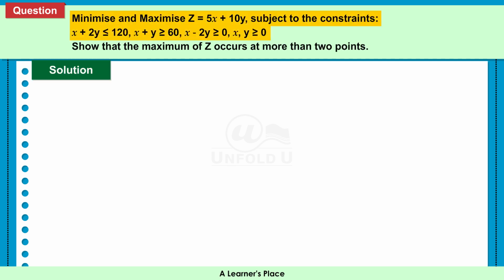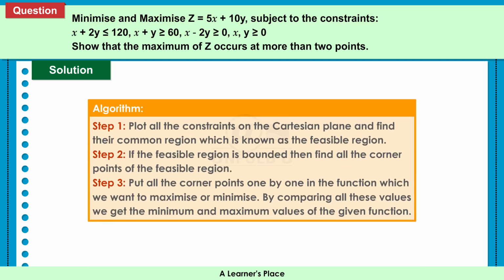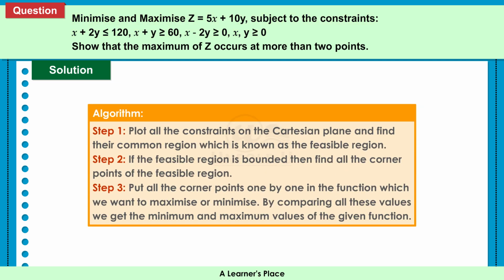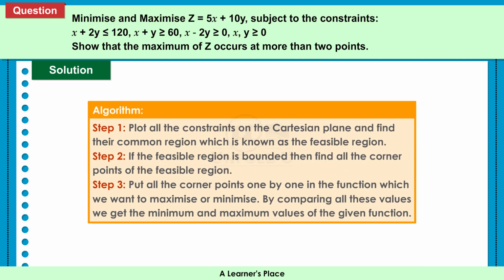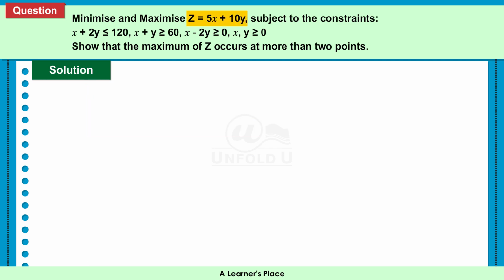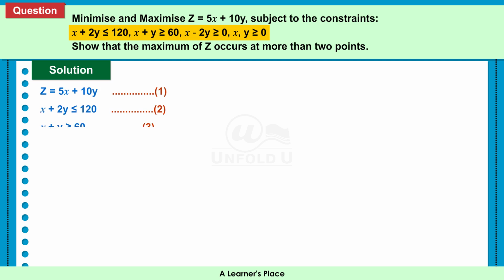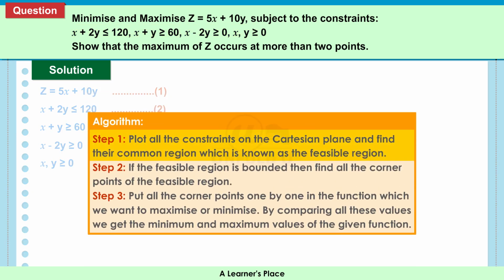Solution. To maximize or minimize the given function with respect to the given constraints, we will use the following algorithm. The given function is, and the given constraints are. Let us start with the first step.